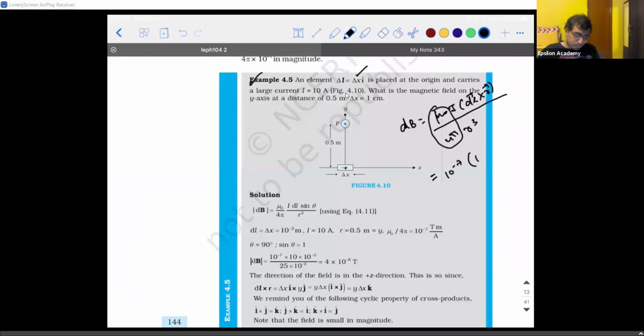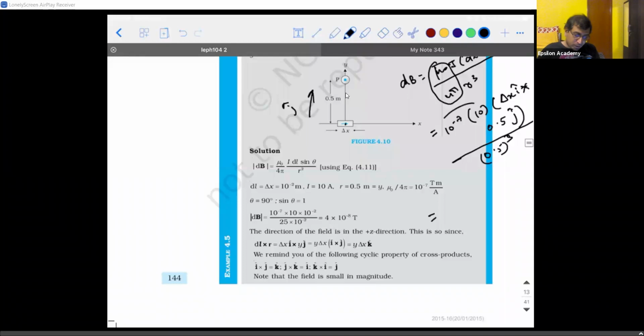I is how much? 10 ampere. dl is delta x I cap, cross r. What is r, guys? It is 0.5 j cap, because it is in this direction, the whole divided by r cube. R is 0.5 the whole cube.